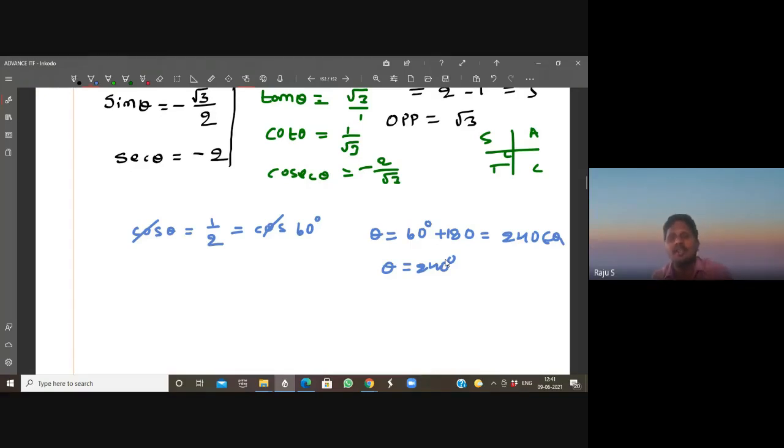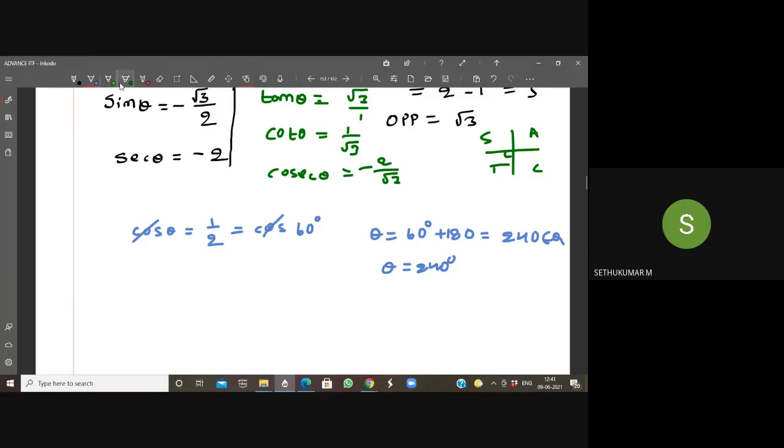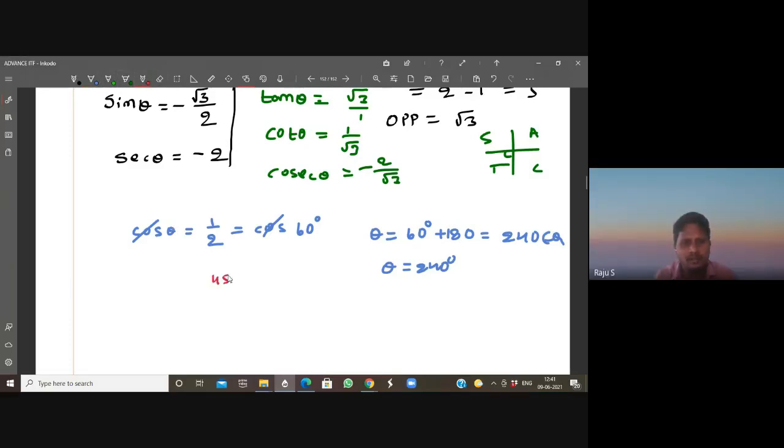I said every 180 is same. 225 minus 180 is 45. Tan 45. Indirectly, I'm asking 45. But 225 is third quadrant, tan is positive. So tan 225 is equal to tan 45.